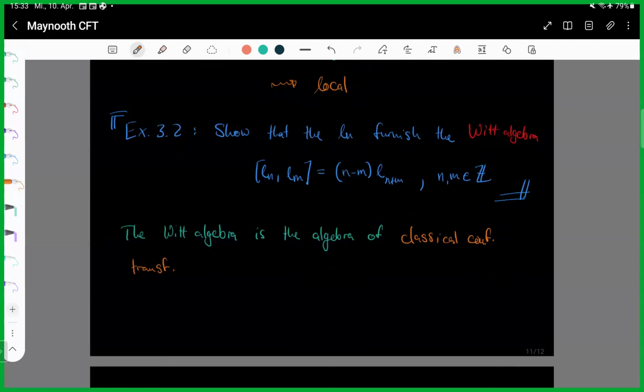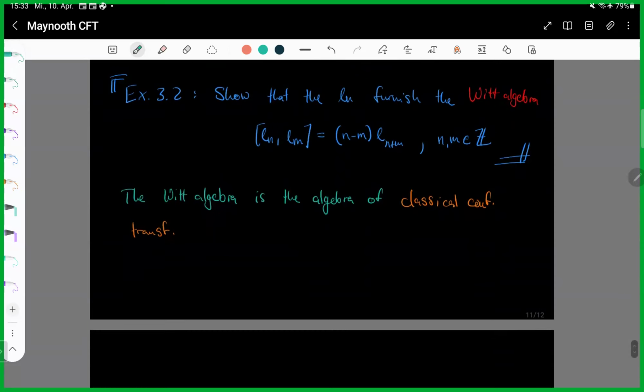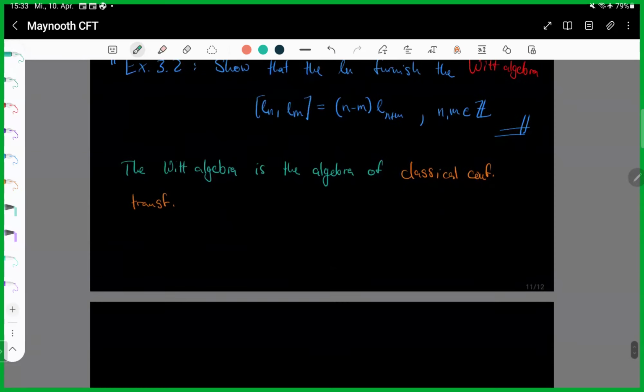Now, if you've counted, you may remember that yesterday I insisted that we have 6 generators for the conformal group. I only discussed 3, and I still owe you another 3.